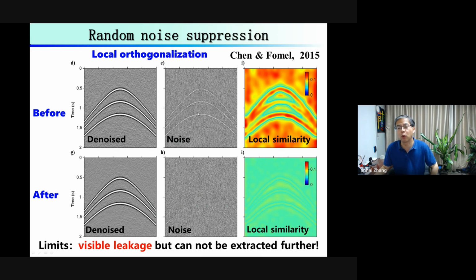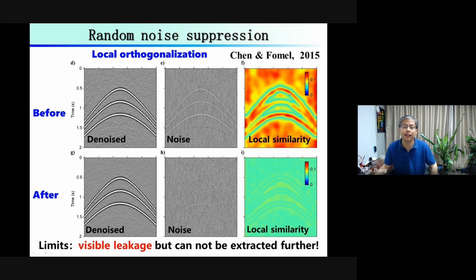I think one of the most famous and effective methods is from Yang Chen, published in Geophysics or GJI. This method is called the local signal-noise orthogonalization method. It compares the similarity between the denoised profile and the noise profile.